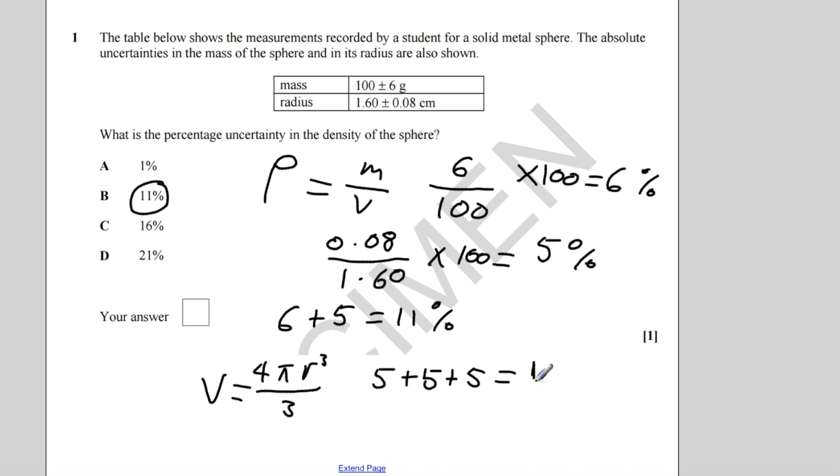That gives us a percentage uncertainty of 15% in the measurement of the volume. We looked at 6% with the measurement of the mass earlier, and we need to combine all of them together. So it's 15 plus 6, which gives us 21. So our answer there is answer D.